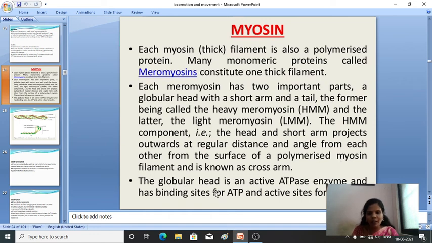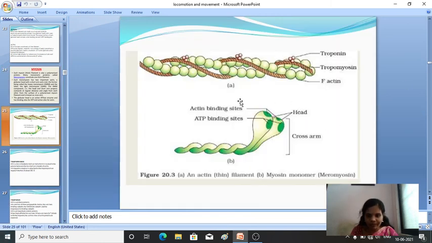The globular head is an active ATPase enzyme, and it has binding sites for ATP and active sites for actin. This region is made up of heavy meromyosin, and this is made up of light meromyosin.